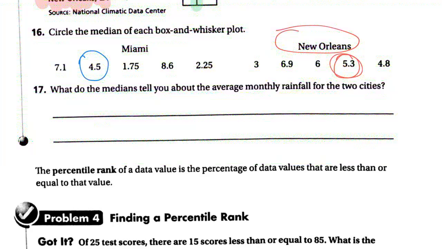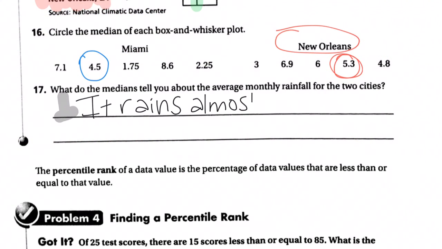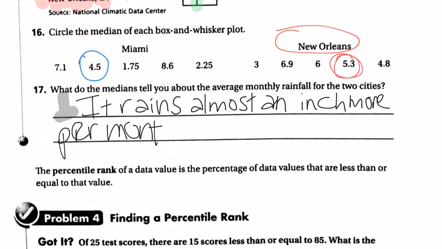So the conclusion that I would come to is that it rains almost an inch more per month in New Orleans.